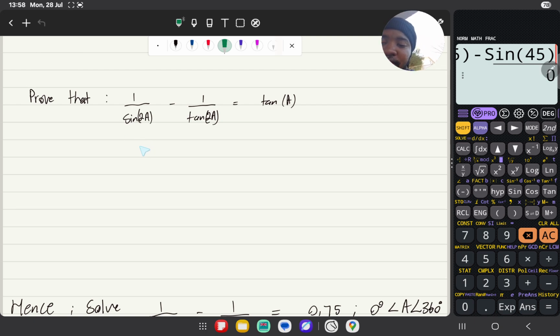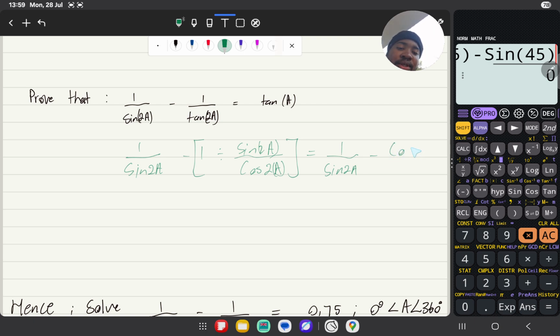Cool. So for this one, 1 minus sine 2a minus 1 divided by, I'm going to change this into sine 2a over cos 2a, which is 1 over sine 2a minus, then it changes, you're going to have 1 multiplied, which doesn't make a difference, but we have cos 2a over sine 2a.